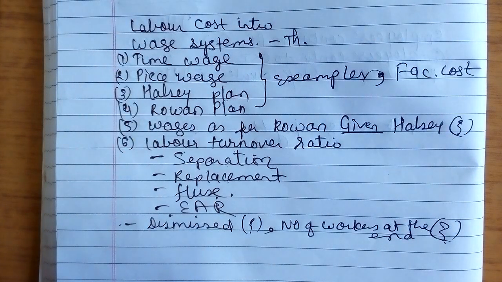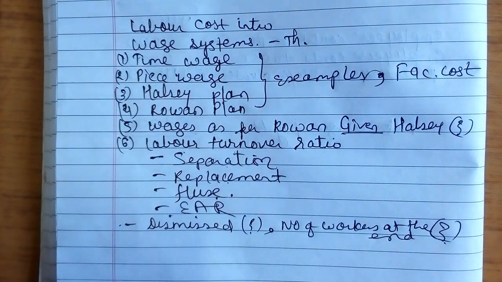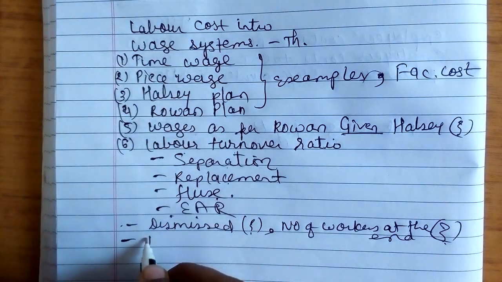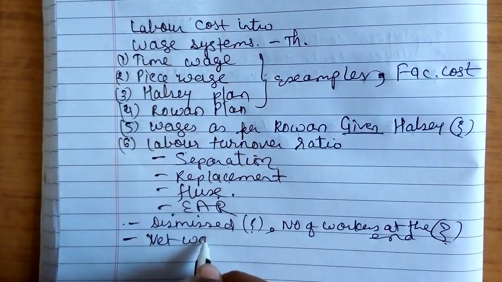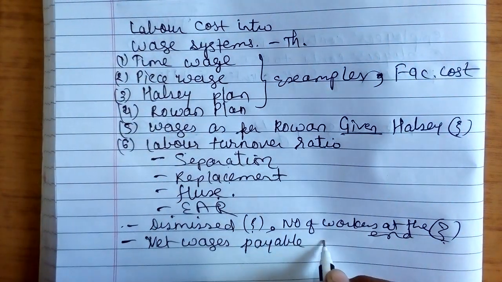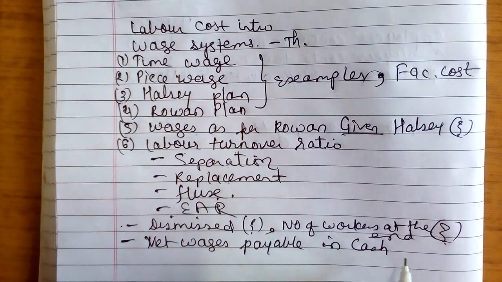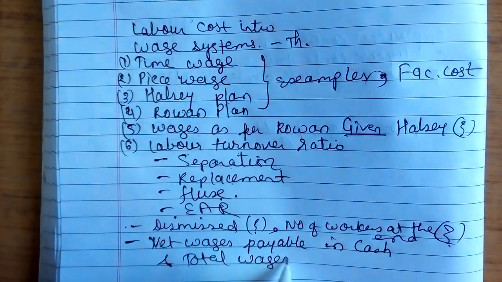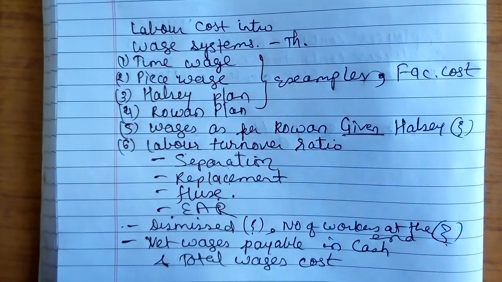So altogether these many types of examples we did in this chapter, and today what we have calculated is net wages payable in cash and total wages cost.